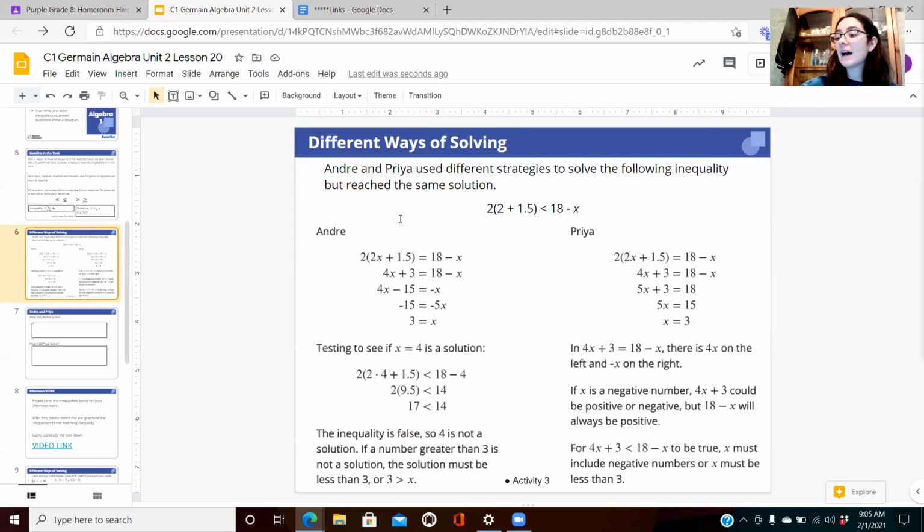Nice job, Kyle Kelly. So we're going to look at Andre first. This is our inequality here. Andre and Priya obviously took 2 different steps to solve it, so let's take a look at what Andre did first.